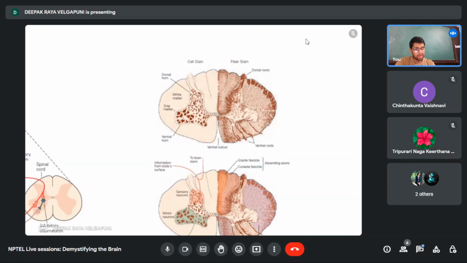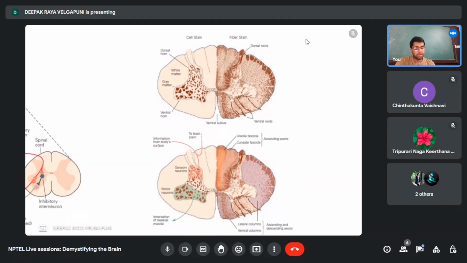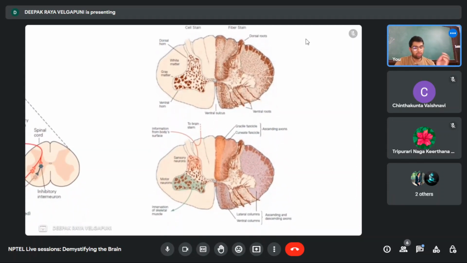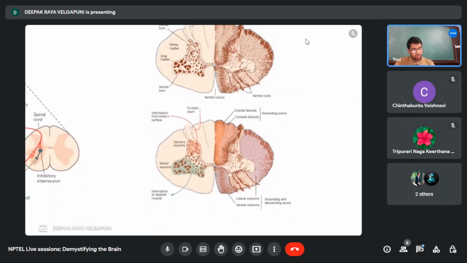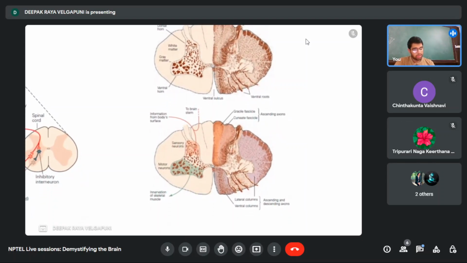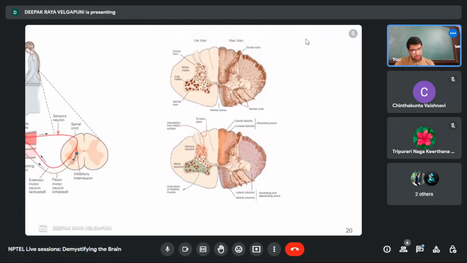And there are different types of cell bodies processing different phenomena here. So the lower side, which is the dorsal side, has more sensory neurons, and the ventral side has more motor neurons. So sensory and motor processing happen in two different locations in the spinal cord.